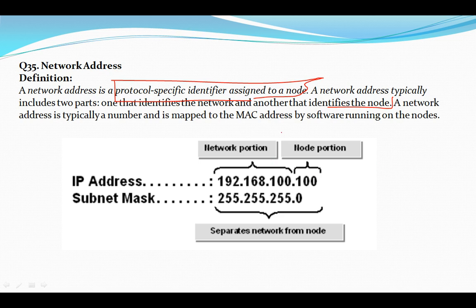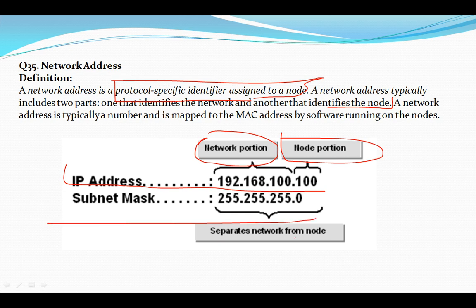As you can see here, this is the node or host portion, and this is the network portion. A network address is typically a number and is mapped to the MAC address by software running on the nodes. So this is my IP address or network address, and this is my subnet mask, which separates network from node.